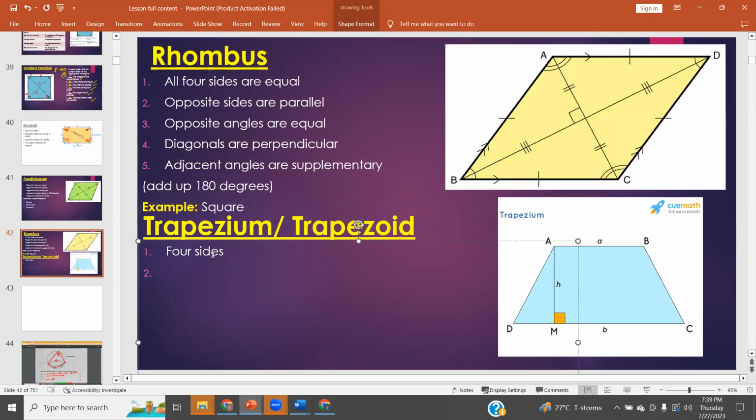What do we know also? It has at least one pair of parallel sides. That's basically it.